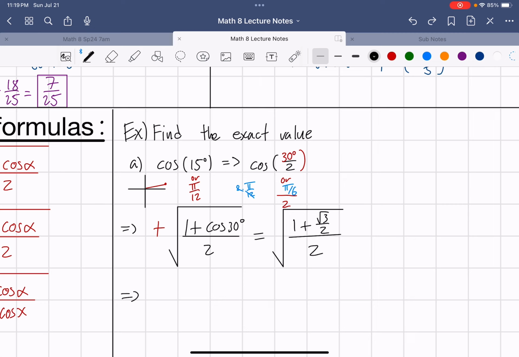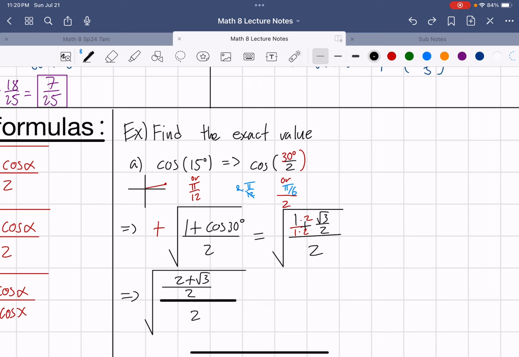And if we continue, you want to get your fractions to be the same. So I will multiply by 2 to both numerator and denominator, leaving us with 2 plus square root of 3 all over 2. Again, don't get that mixed up with this original fraction divided by 2.